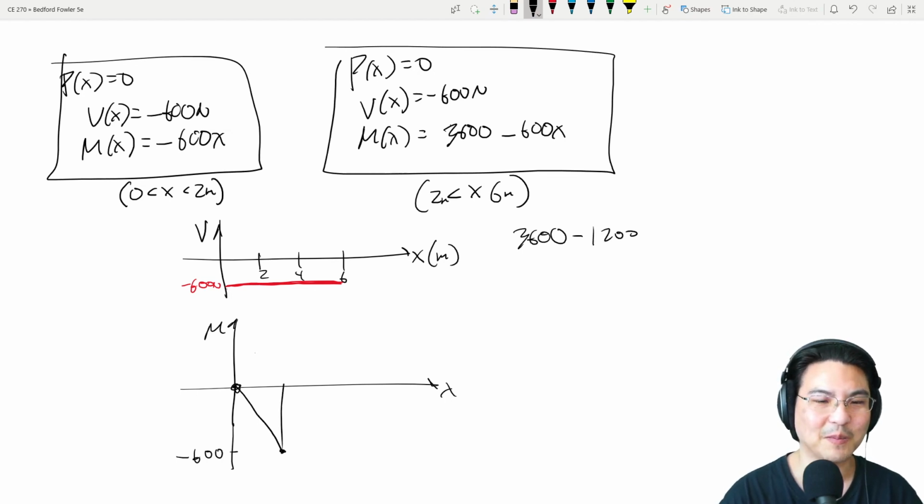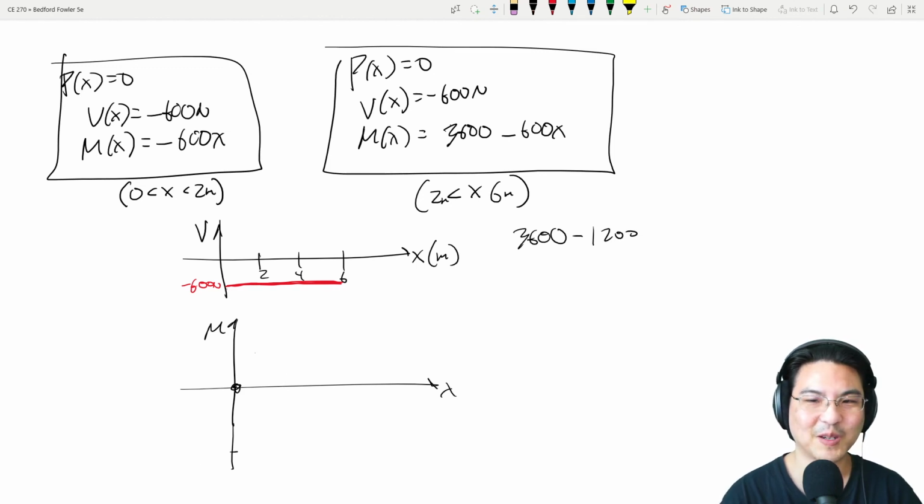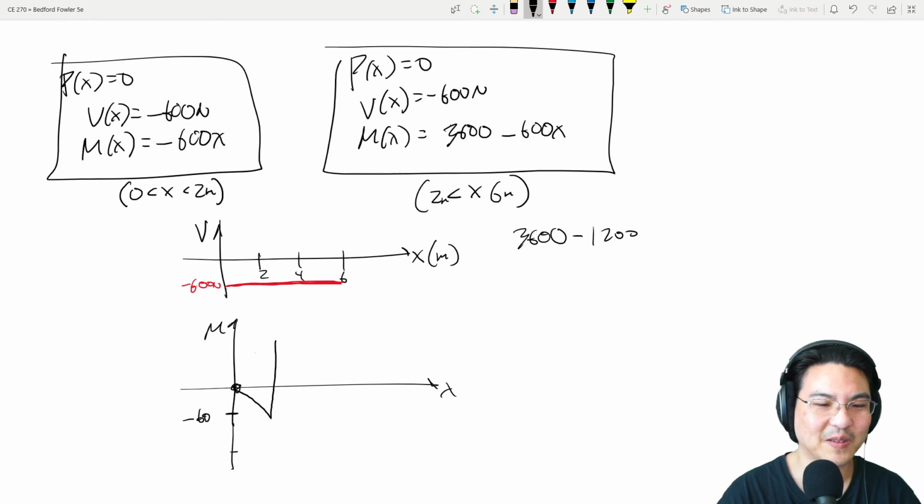So it kind of jumps up. Okay, so I got the scaling a little off. It's going to jump up to 2400, like this. So this was at negative 1200, then it jumps up to 2400, and then see the slope right here? It continues going down until x equal to 6, so that's 36. Okay, so then it goes all the way down to 0. Okay, so here we go. That's the bending moment.